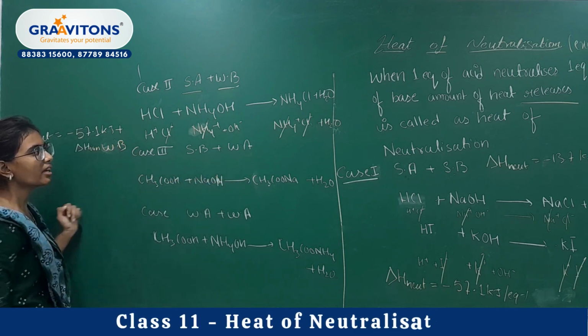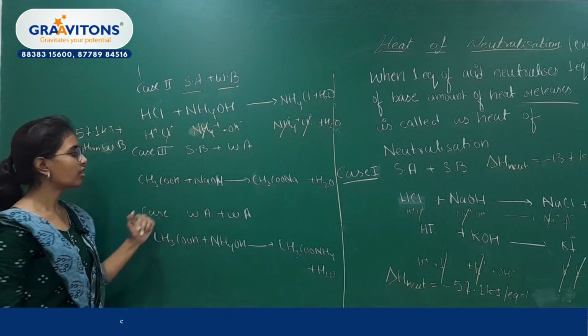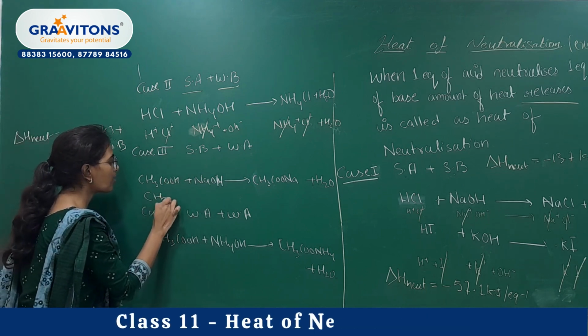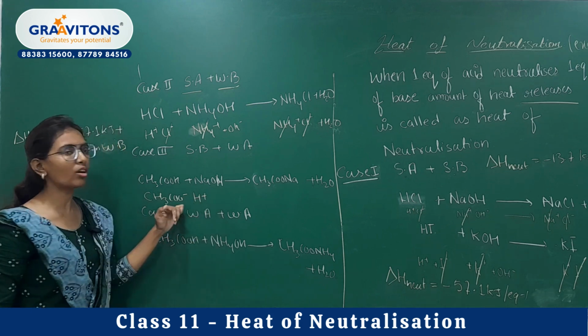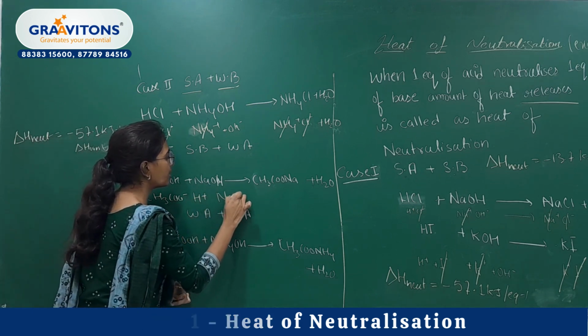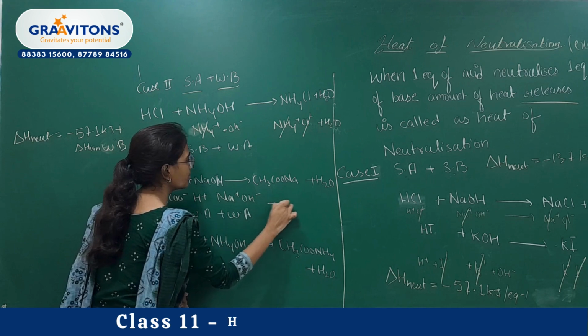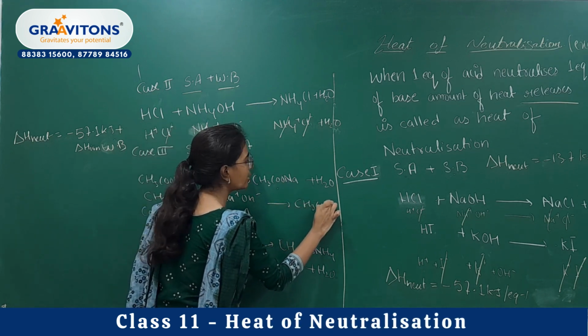Similarly, when our acid is weak and our base is strong, first we have to provide the energy to dissociate the weak acid, because a weak acid does not dissociate completely. But the strong base will dissociate completely, and salt is always a strong electrolyte.